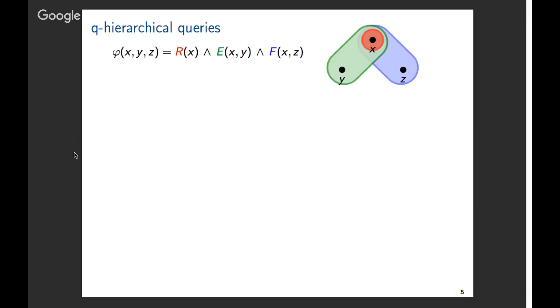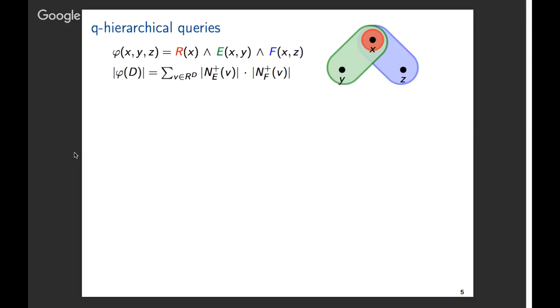Let's start with a very simple example. The query states that there is a triple X, Y, and Z in a directed graph where X is a red node, Y is a green neighbor, and Z is a blue neighbor. We can count the number of occurrences of this pattern efficiently. The number of occurrences is the sum over all red vertices of the number of outgoing neighbors with relation E multiplied by the number of outgoing neighbors with relation F. This is the number of result tuples.